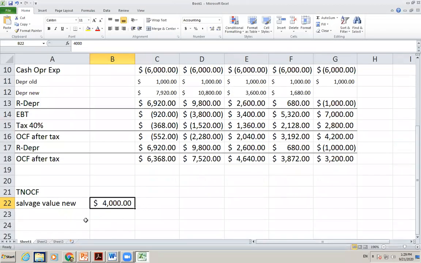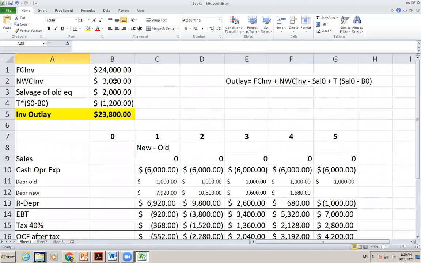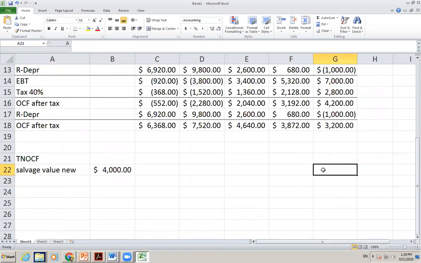And we know the change in net working capital was 3,000. So at the termination date, 4,000 plus 3,000 minus the tax amount. And the tax amount is 0.40 times how much you are selling your new equipment for. Your new equipment will be sold for 4,000.